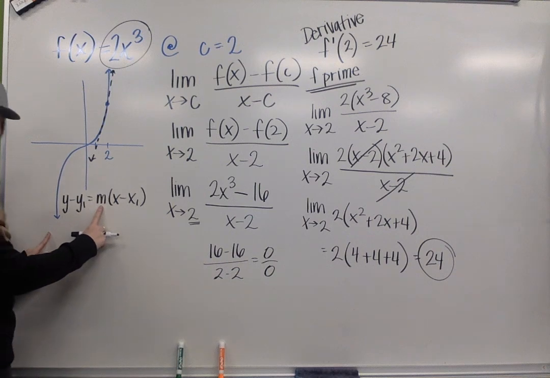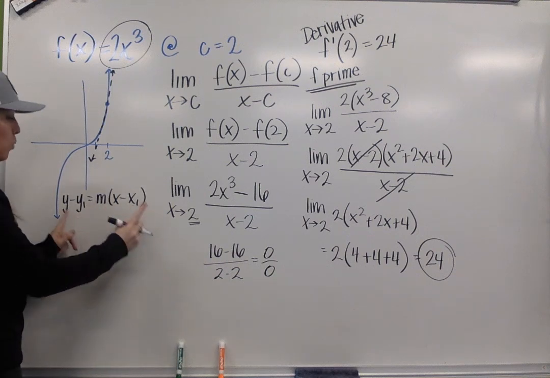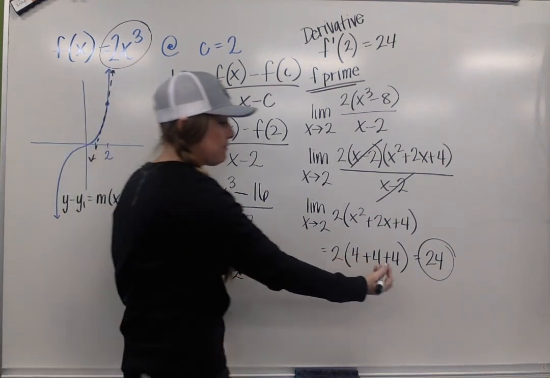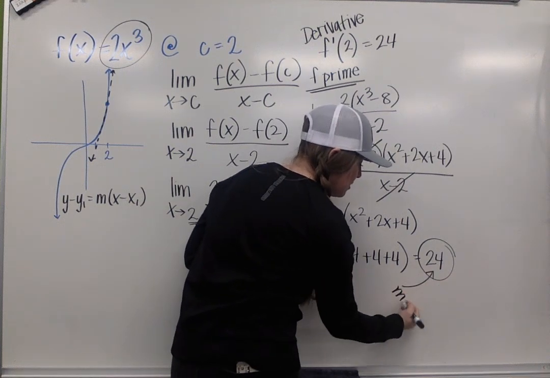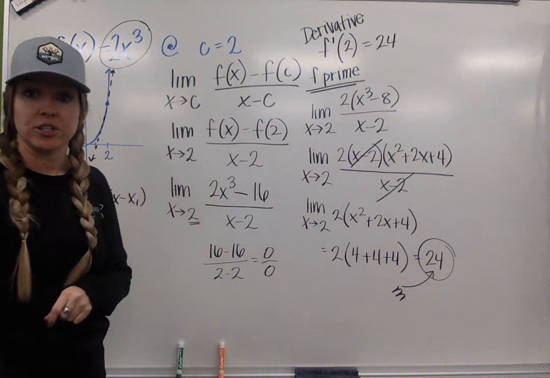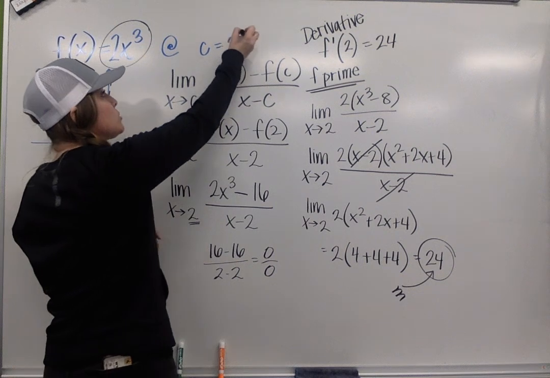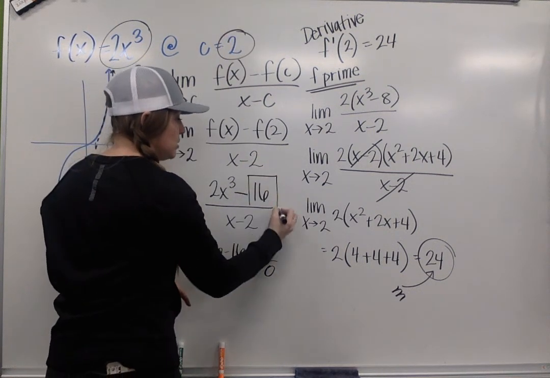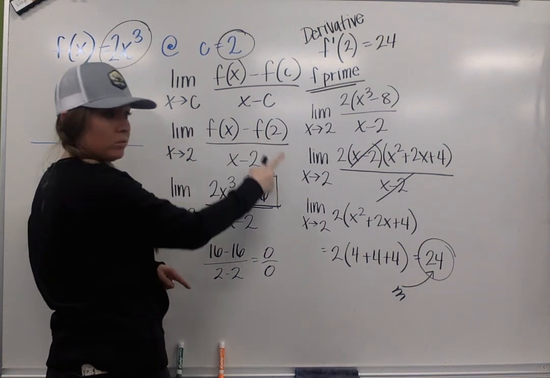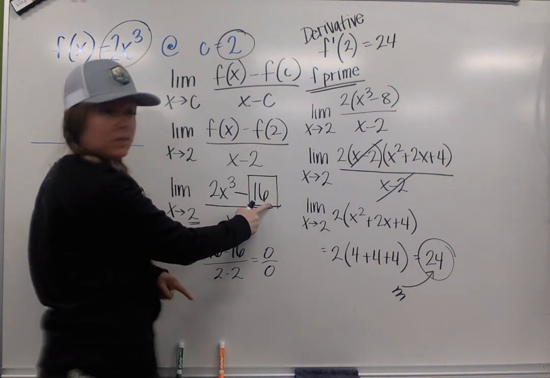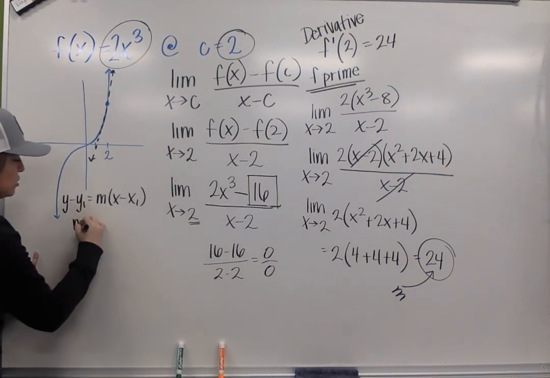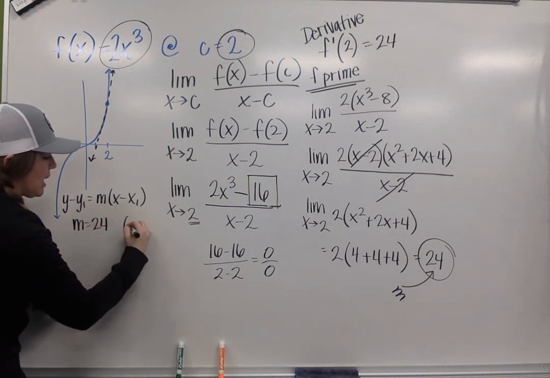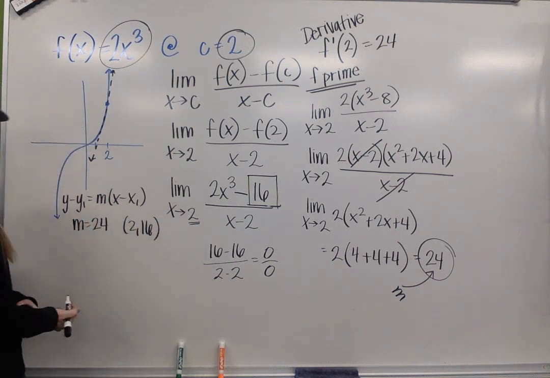I need the slope and a point. Well, from my equation, I found my slope. That's here. That's the slope of the tangent line. The x value is what we were given, 2, and the y value is my f of 2, which is my 16. Okay? So I'm using the slope, 24, and the point, (2, 16).